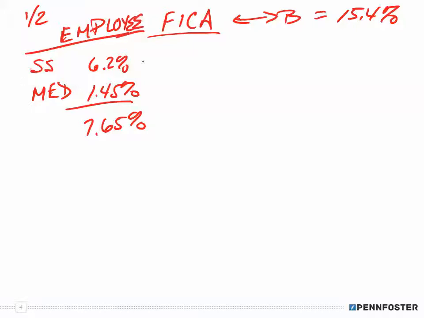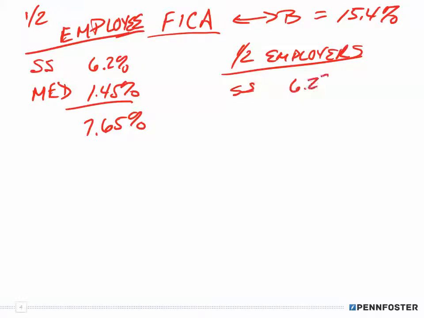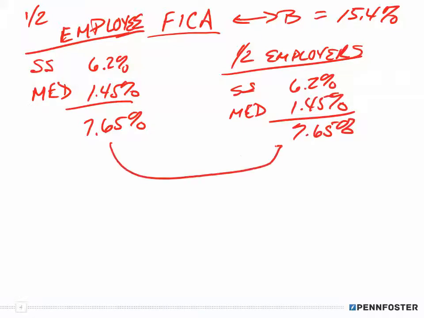And that's why for Social Security, you have a withholding of 6.2%, and for Medicare of 1.45%. The other one half is the employer's responsibility. So for Social Security, the employer has to kick in an additional 6.2%, and for Medicare, an additional 1.45%. Okay, which makes 7.65, right? And of course, when we add those two together, we end up with 15.3%.